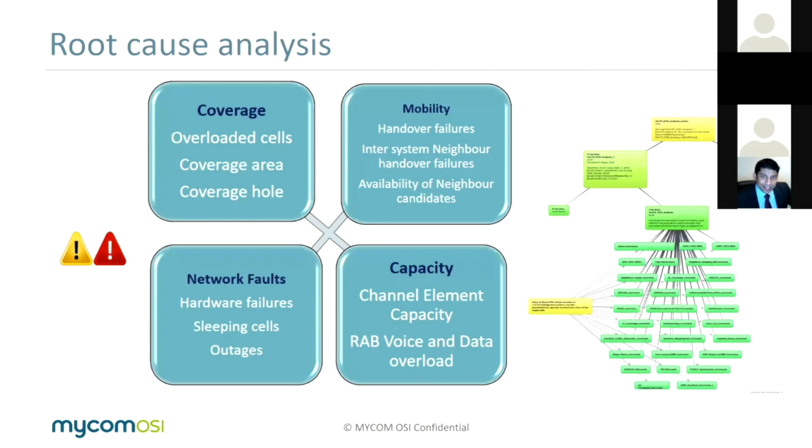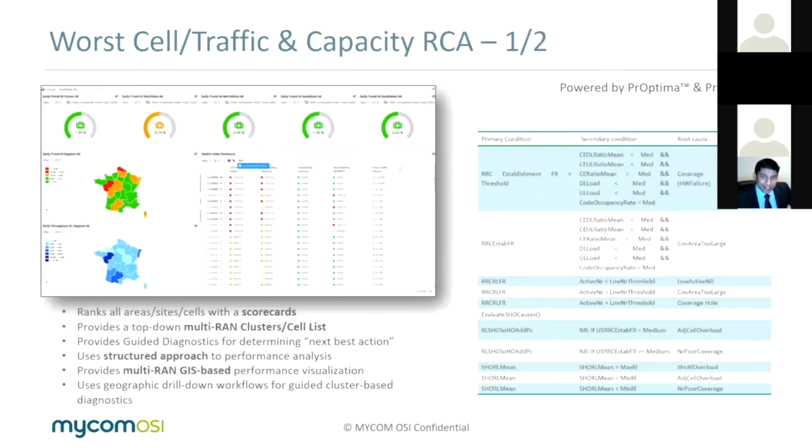When it comes to mobility, it covers handover failures and inter-system handover failures, and when it comes to capacity, channel element and PDCCH failures and so on on the radio. We are also able to offer solutions on the transmission and the core, which we will see in more detail in a minute. So that's how it basically works.